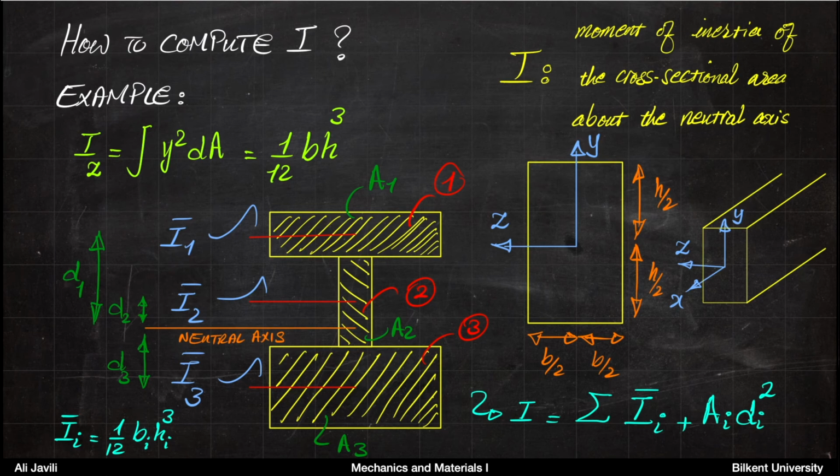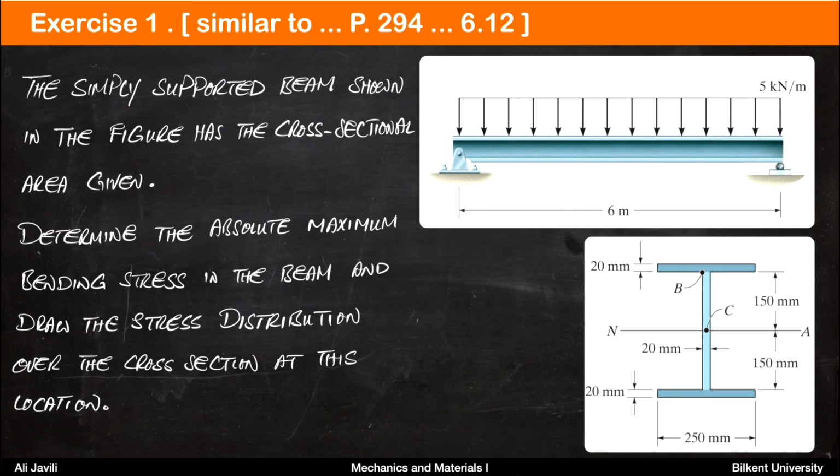All right, so using what we have learned so far, now we can look into a few exercises together and better learn how to deal with bending problems. Exercise 1 in this lecture is similar to problem 6-12 on page 294 of the book.